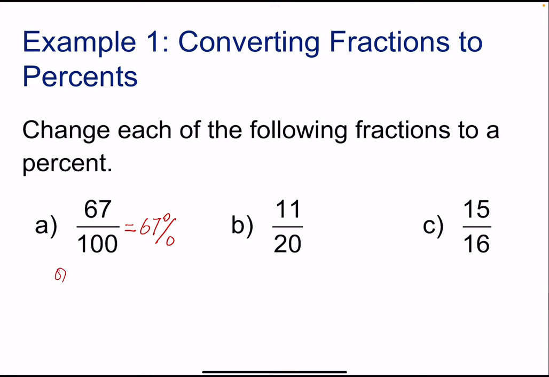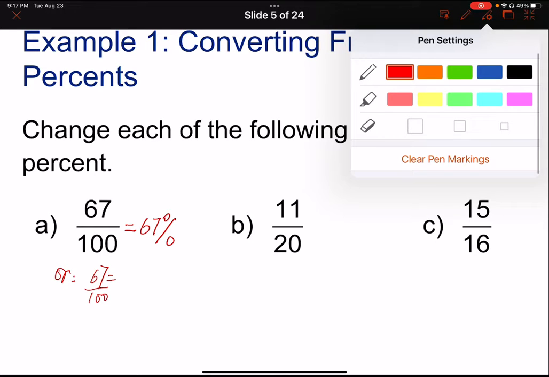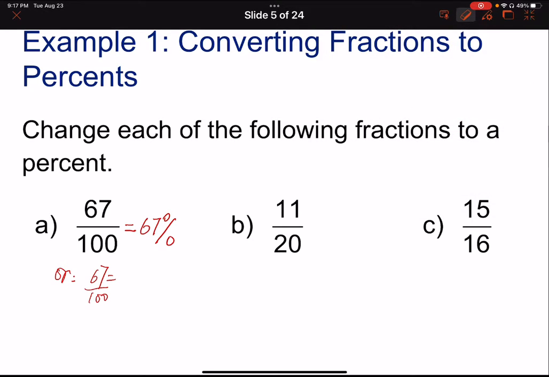Or you could think in the following way, 67 over 100 is 0.67, and then 0.67 multiplied by 100% equals 67%. So you can think this way.